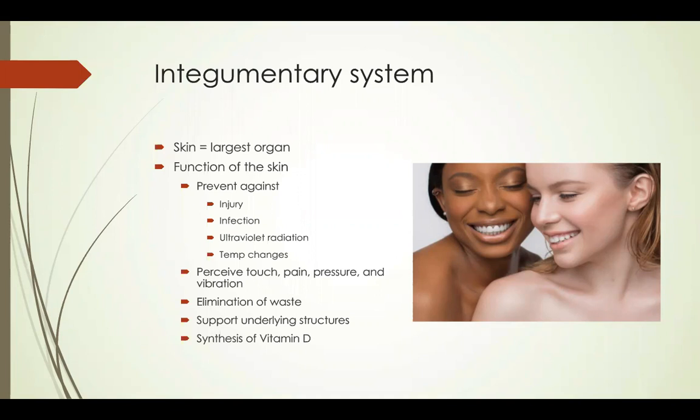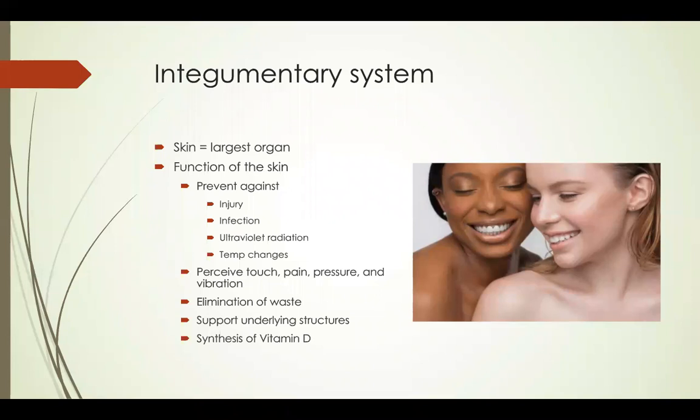Pain is a protective mechanism, so it lets us know when we're having pain. For instance, if we're having pain in our butt, it lets us know so we can shift and not get a pressure injury or a sore on our bottom. With pressure, it notifies us, and any vibration.